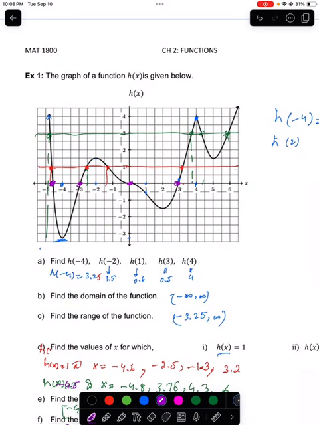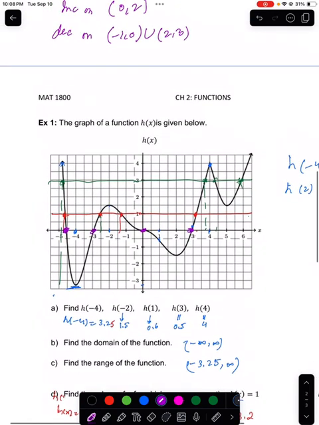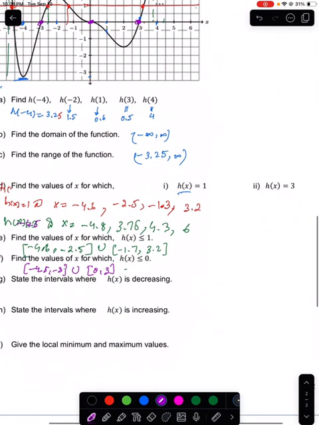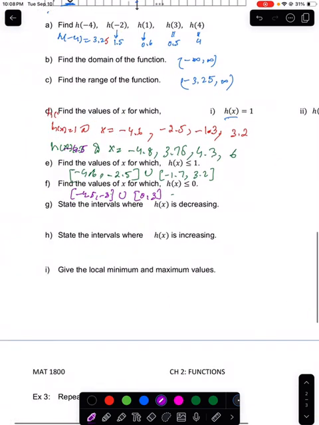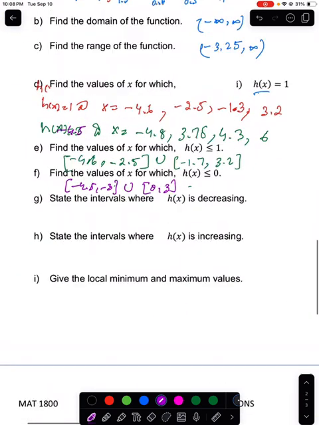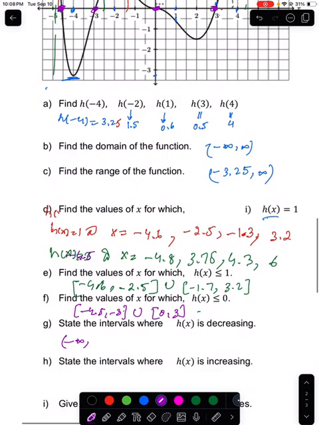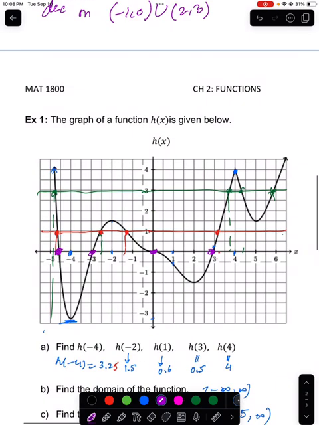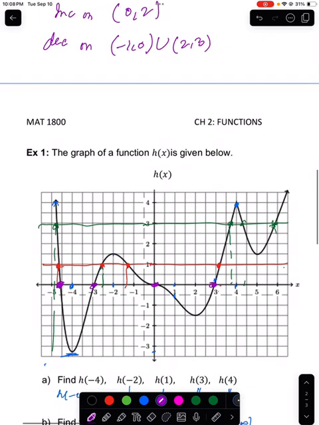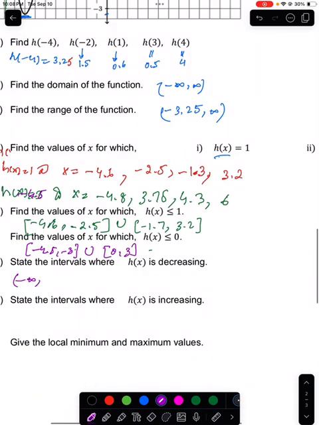So negative infinity to negative 4, union... we don't include the endpoints in the intervals for increasing, decreasing.